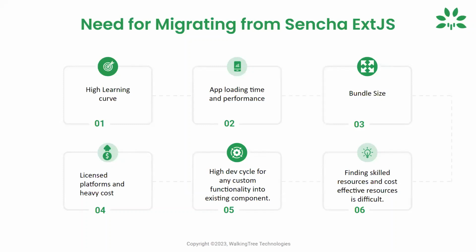Despite having all this, there are some drawbacks which we need to consider, which push anyone to migrate a web application from Sencha Ext JS to Angular. So I could list out 6 points here.